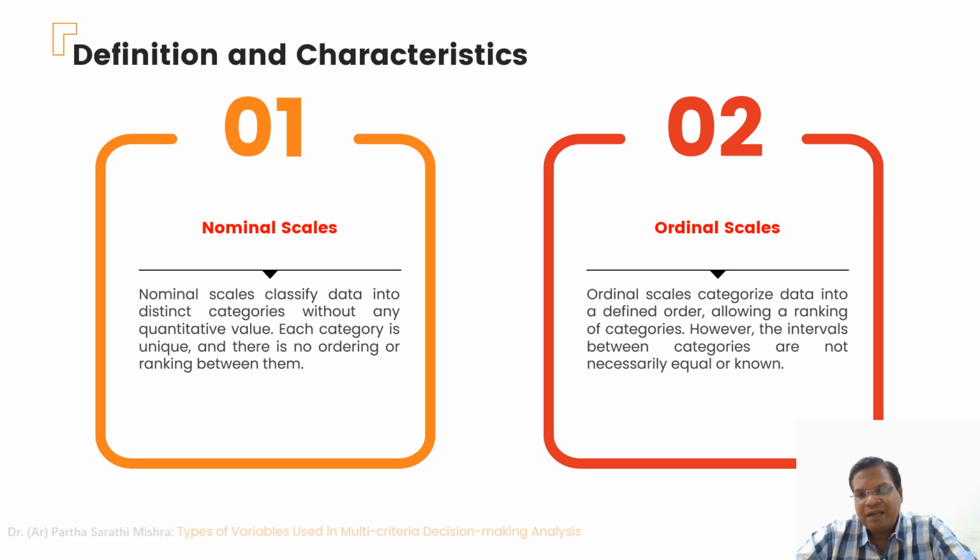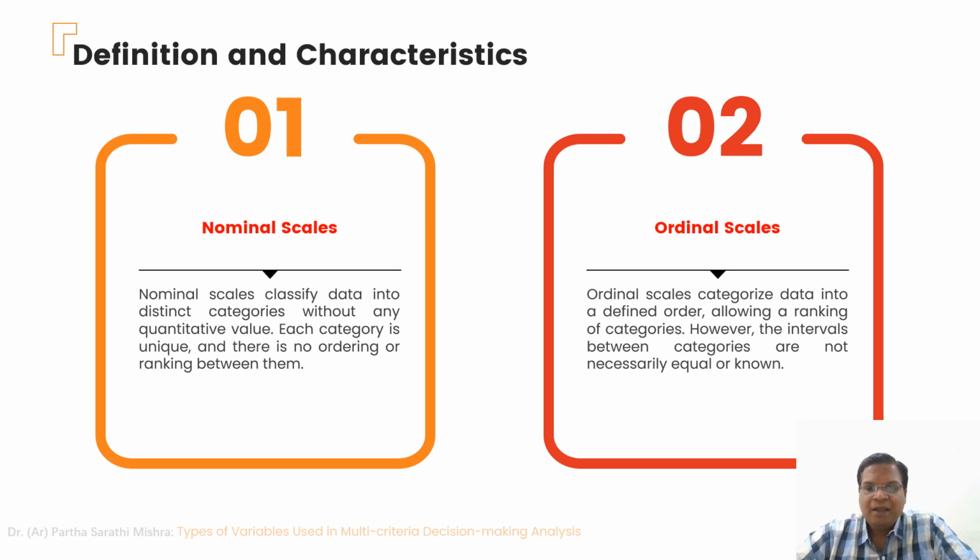For example, in a nominal scale, I can say male or female. Male is a different category, female is a different category. We cannot rank them, we cannot put them in an order. We cannot say male is greater than female, or female is greater than male. These are just nominal values.